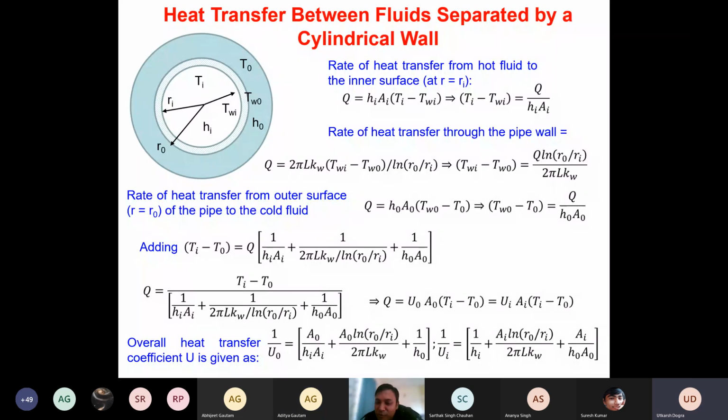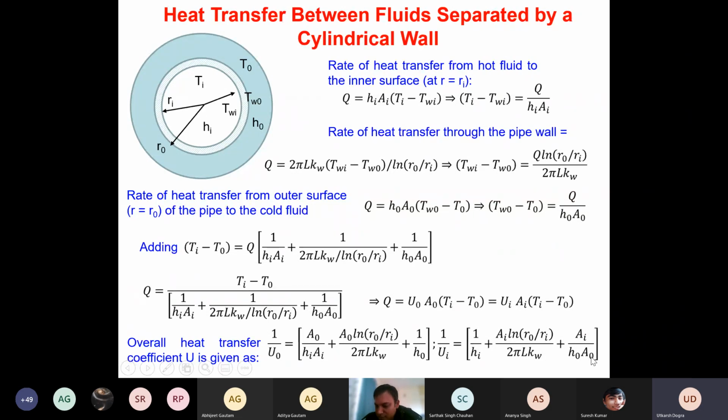So similarly, if we represent this overall heat transfer coefficient with respect to the inside surface area, what we get is 1 by Ui, given as 1 upon Hi, because here Ai by Ai will get cancelled out. And here we will have Ai ln R naught by Ri divided by 2 pi L Kw plus Ai by A naught H naught. And again, this Ai by A naught we can replace by Ri by R naught.